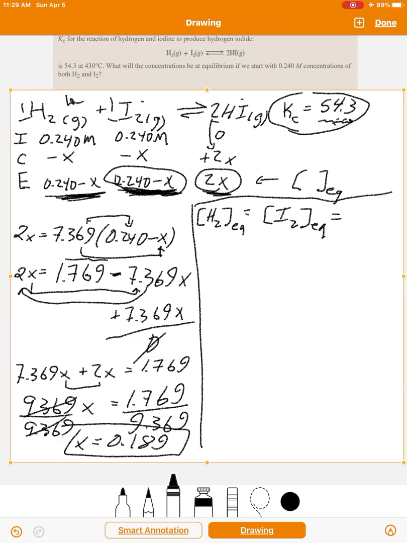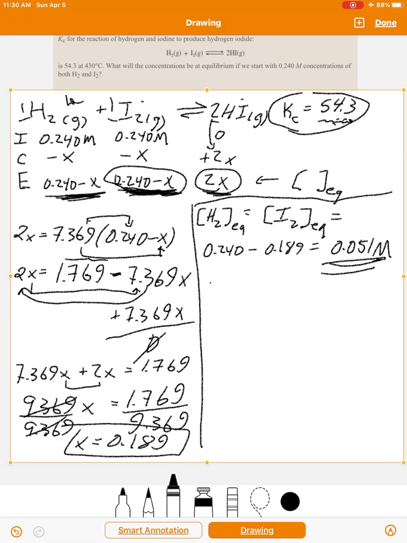And that would be equal to 0.240 minus 0.189. Okay, so that'd be 0.051. Let me check that. 0.240 minus 0.189, 0.051. Molar, right? These are concentrations. So there's two of the answers right there. The equilibrium concentration of H2 and I2 are 0.051.